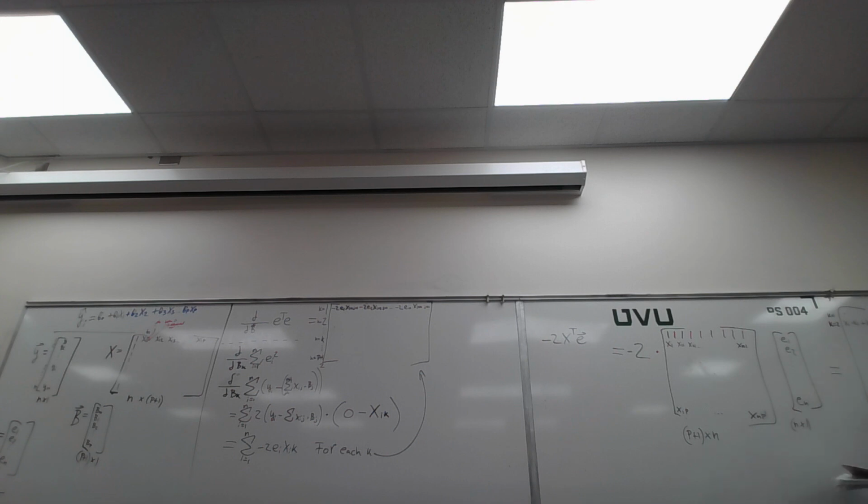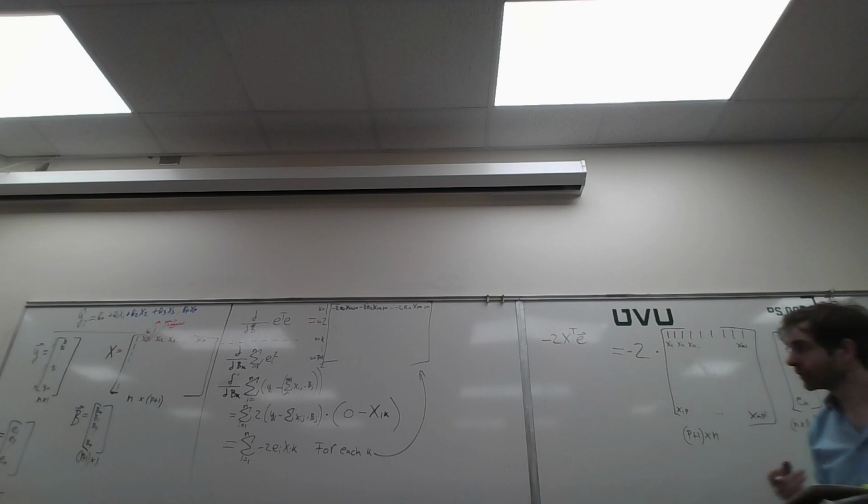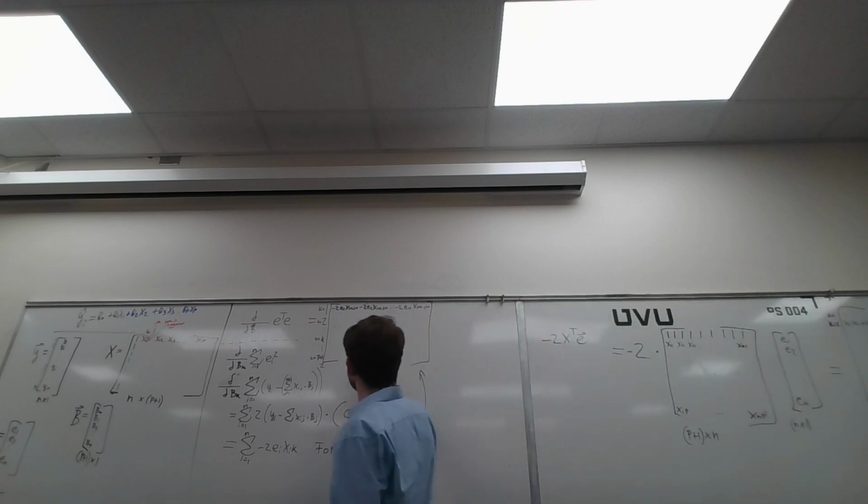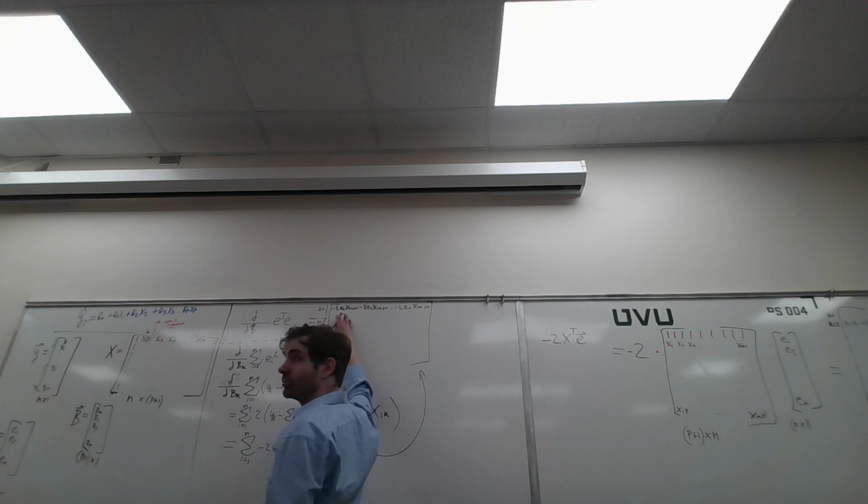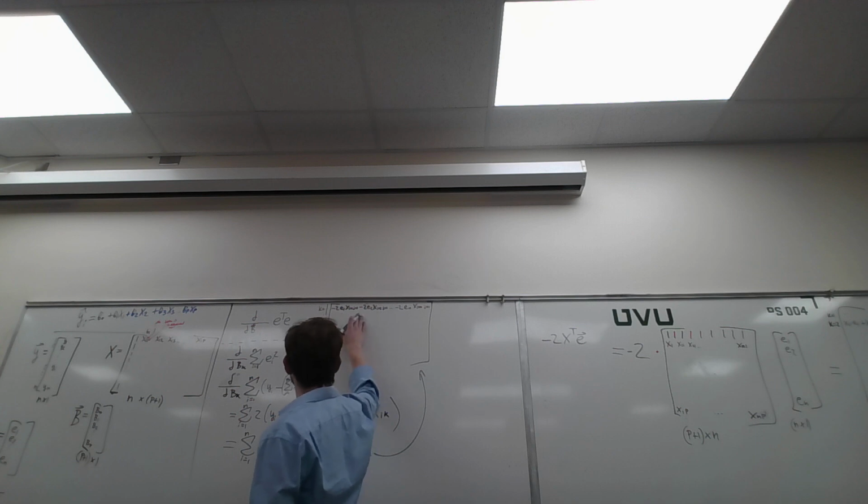We'll go with it. So this is x11 multiplied by e1. This is x21 multiplied by e2. This is x31 multiplied by e3, dot, dot, dot. So eventually we get x n1 multiplied by e n, which, if you ignore the -2, is the same thing that we had over here.